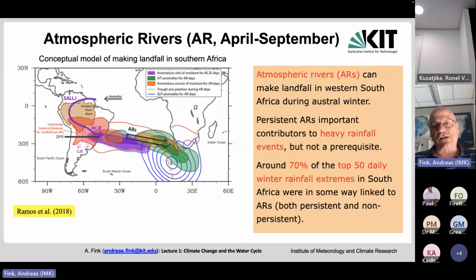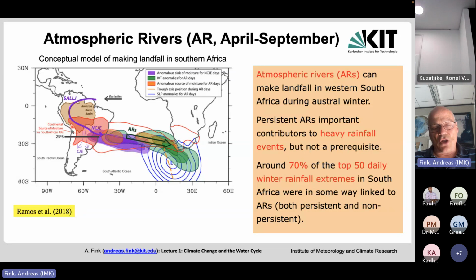There's another feature, and now we are actually going to the Northern Hemisphere winter, and we look to the Western Cape region here, and that's called atmospheric rivers. So it's a river of moisture that by synoptic systems, you see here the low pressure system southwest of Cape Town, and that are persistent, they cause a moisture stream towards the southern tip of South Africa.